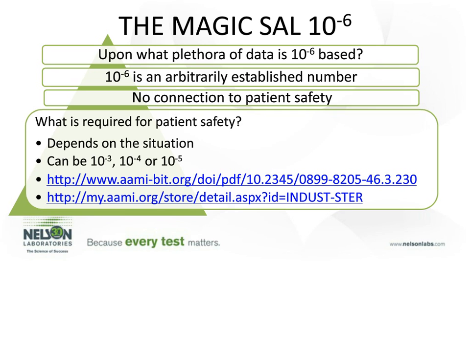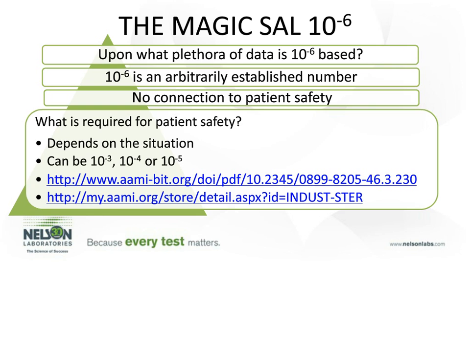So then if we start thinking what really is required for patient safety, we've found in the last few years that it really depends on the situation. It can be as high as 10 to the minus 3, 10 to the minus 4, or 10 to the minus 5, rather than 10 to the minus 6. And there are a couple of links there to 2 different papers, both of which are related to sterility assurance level and patient safety or patient infection.